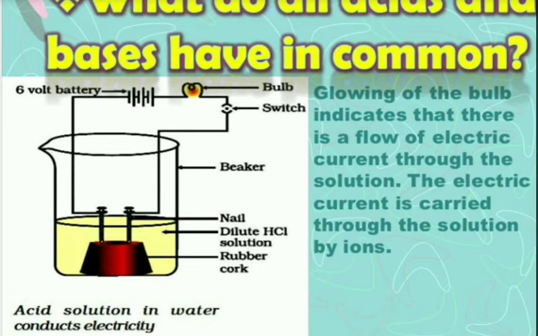If H plus ions are dissociated or formed, then only the flow of electric current will be there. If we take the example of glucose and alcohol, then OH minus ions would be more and very few H plus ions will be there, and there will be no conduction of electric current if we take alcohol or glucose in place of any acid.